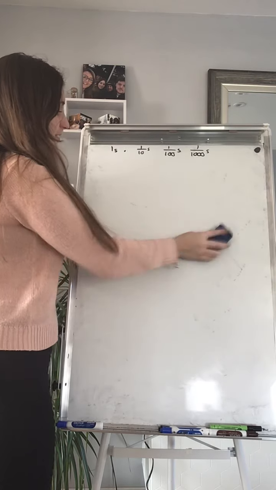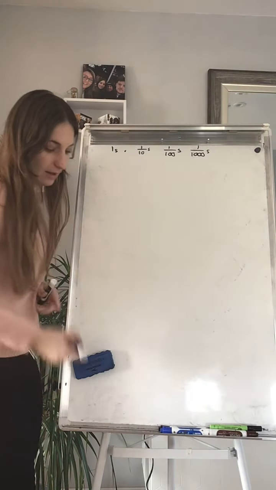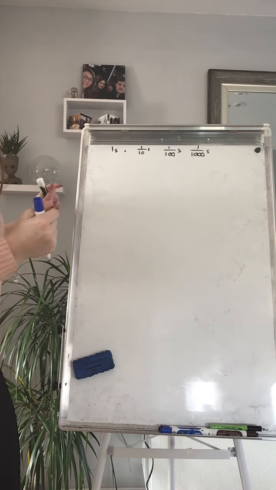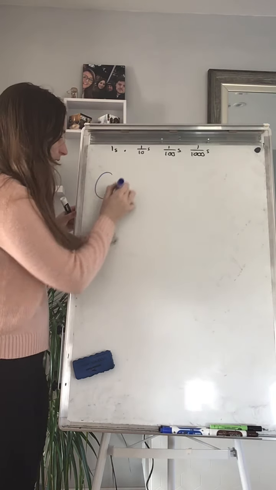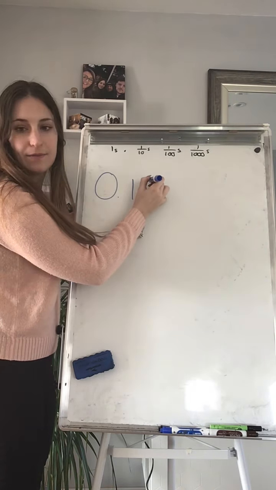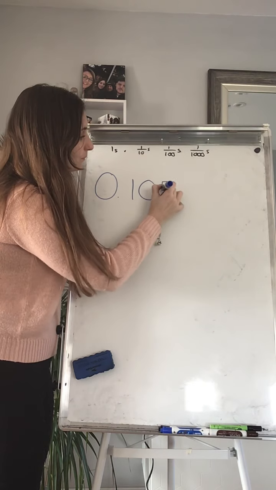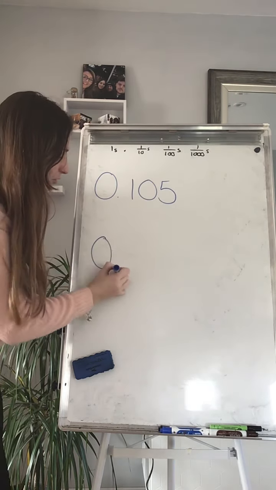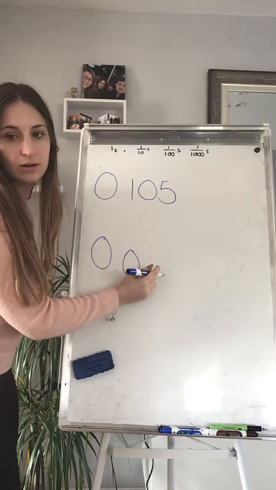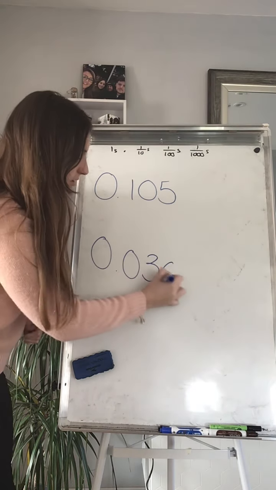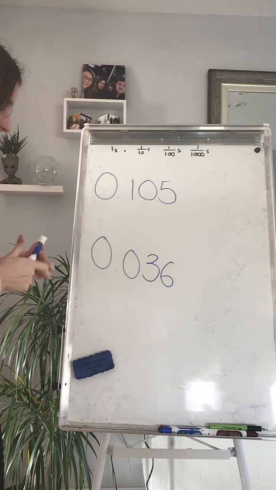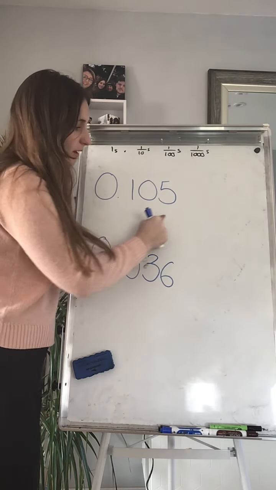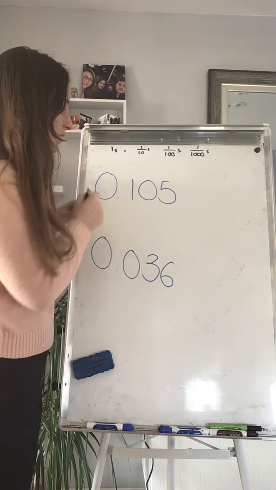So let's try to do some together. Let's start with 0.105, and let's do as well 0.036. If I read this first number, I have 0.105 thousandths.